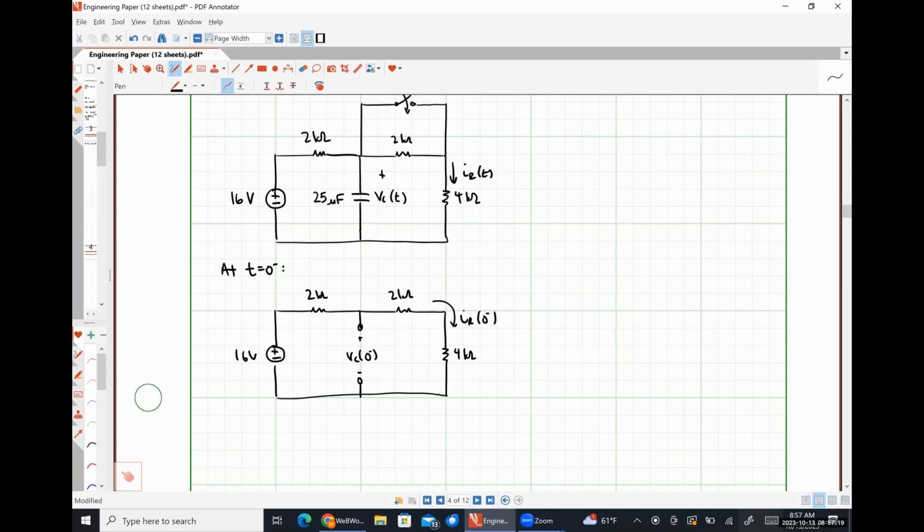So how could I find VC at 0 minus or IR at 0 minus for this circuit? Nodal's overkill.